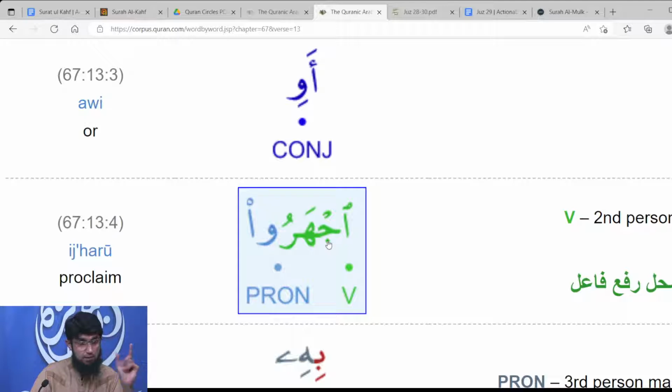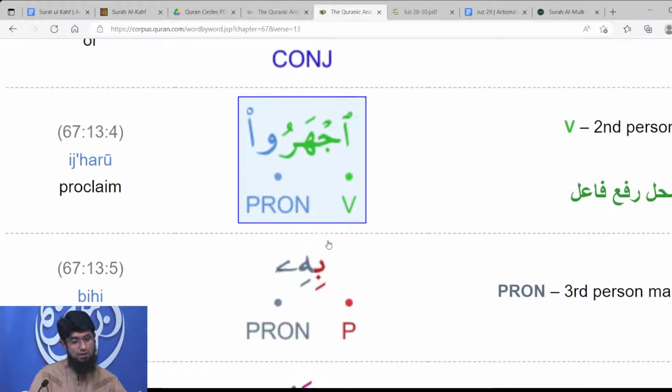Jim. See, alif has been added to make it the command. So the word is jahara, right? To hide, or to reveal, to be open. So now you made this first letter sakin, ijharu, or wijharu. So that's a command form or a request form. Ijharu, or you hide, or you make it apparent, you proclaim.